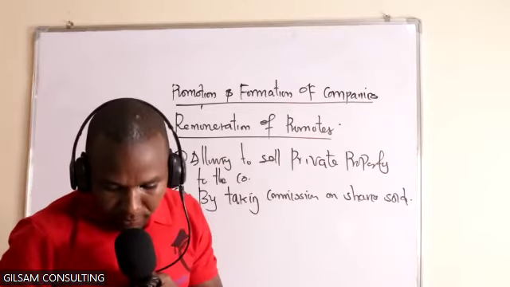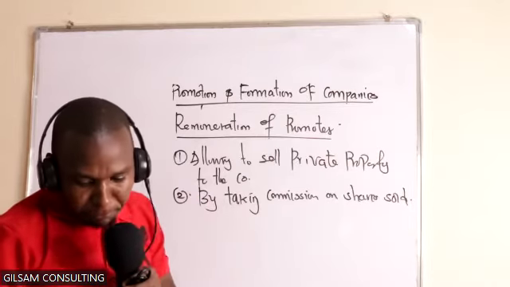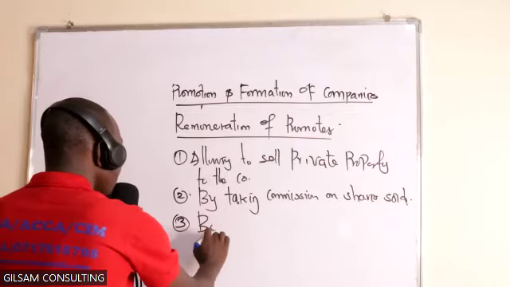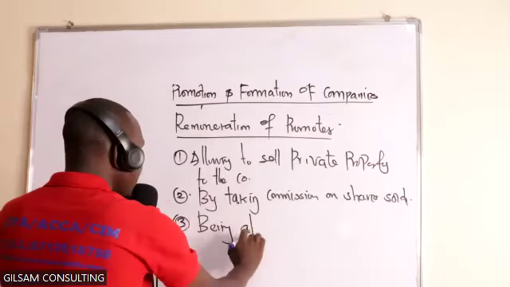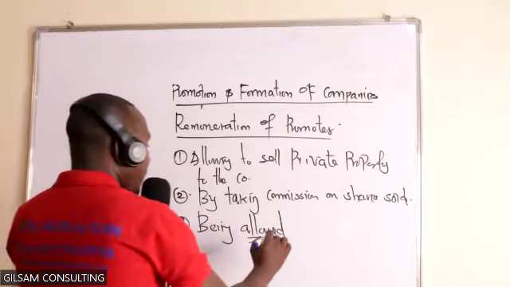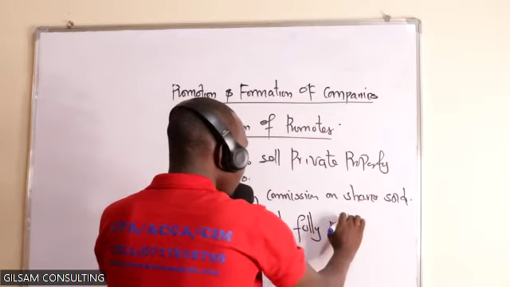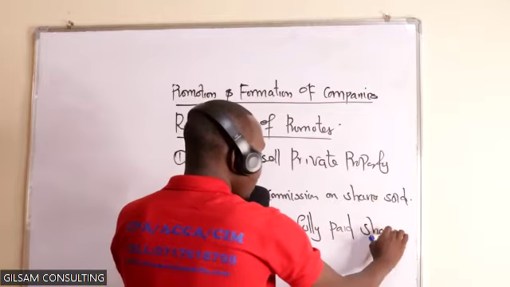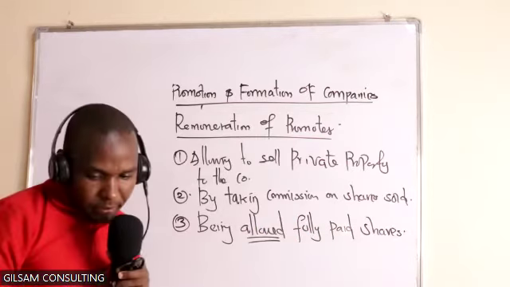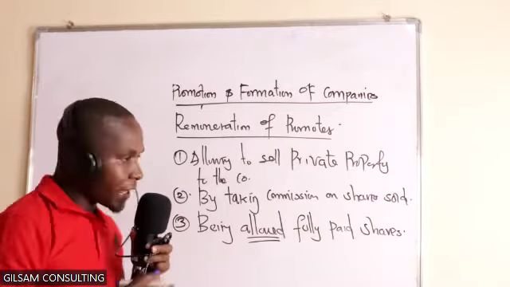Number three is by being allotted fully paid shares. Allotted means given. Number four is by being allowed to buy shares at a fair price.